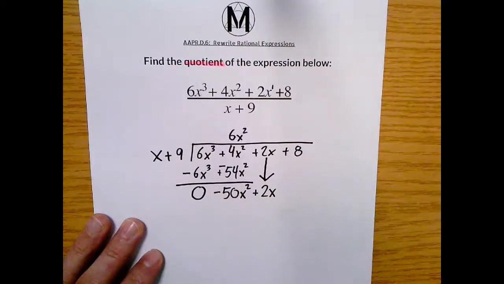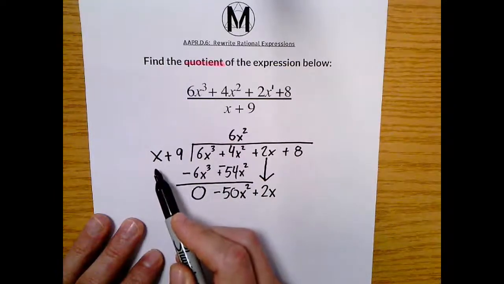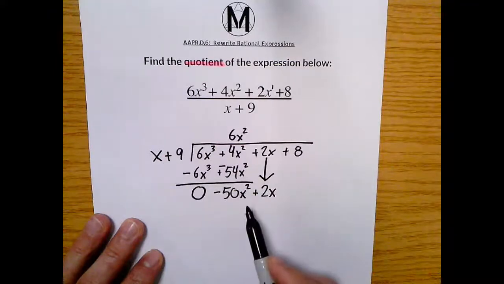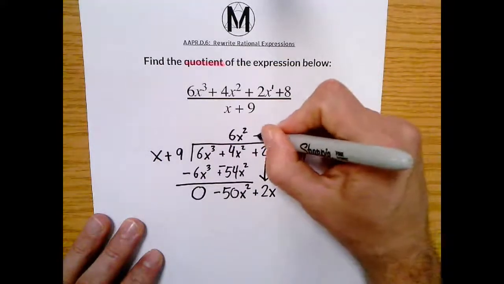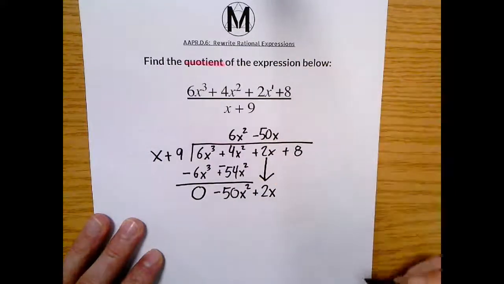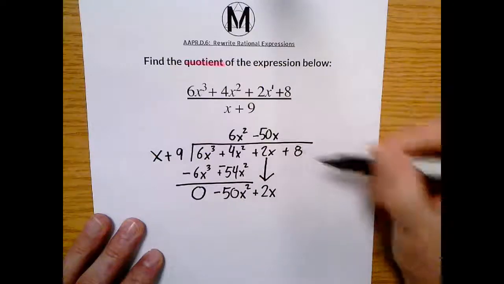So now we just repeat the process. We ask the question, and the question is, what does x have to multiply by to become negative 50x squared? And that is just a negative 50x. Okay, and again, you see my degrees are lined up, x and x.